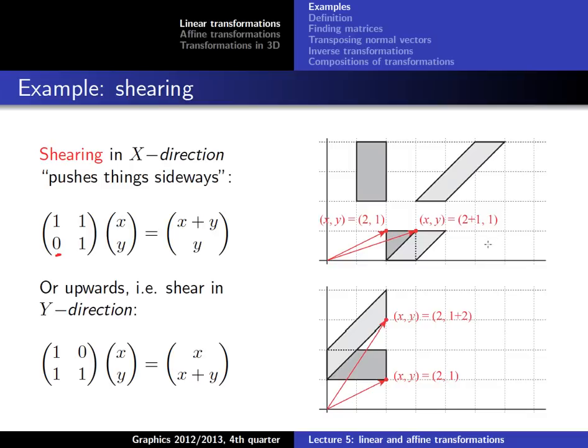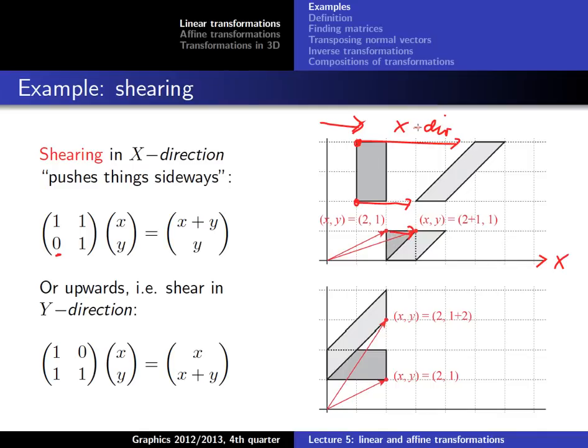You see it here from the image. We say we are shearing in x direction. So this is the x direction. This is the x-axis again. So we take every point here and we shear it in this direction. Also the same here and here.